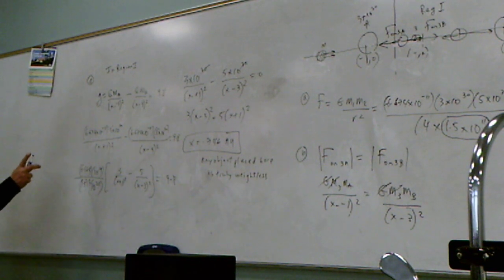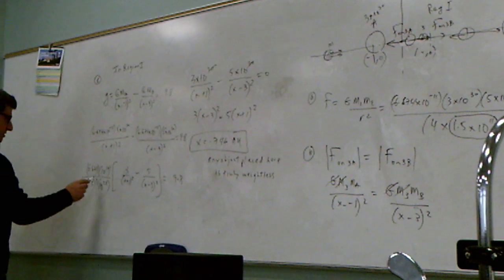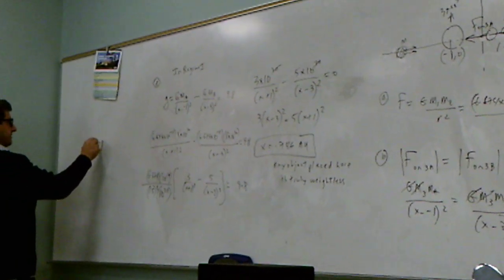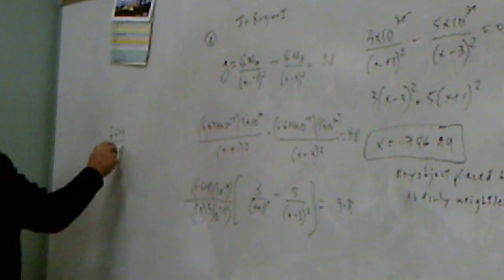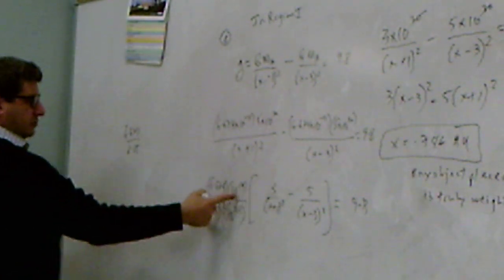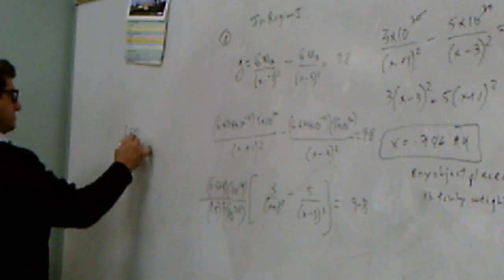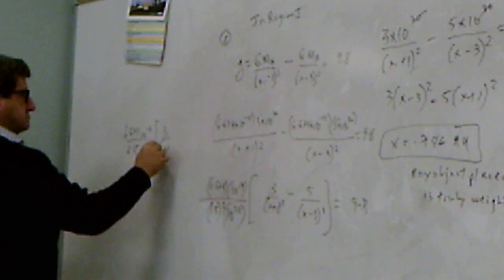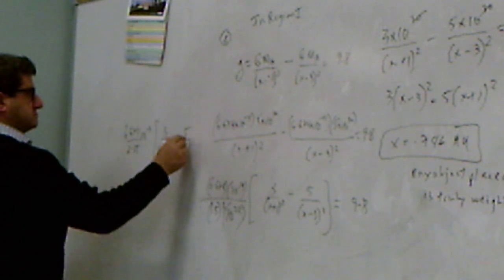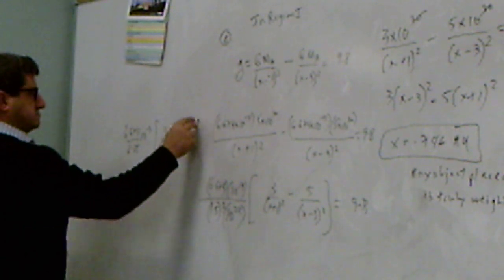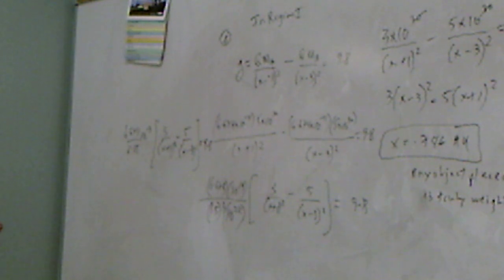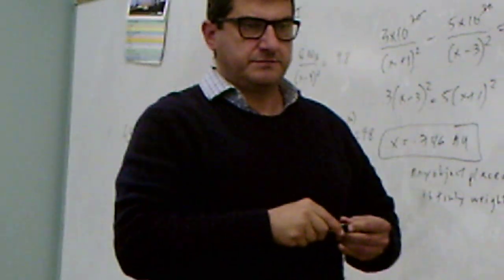Okay, so I think that's it as far as the only simplification you can do is 6.674 over 2.25, this is 10 to the minus 3, equals 9.8. Okay, now let's put that in solver.